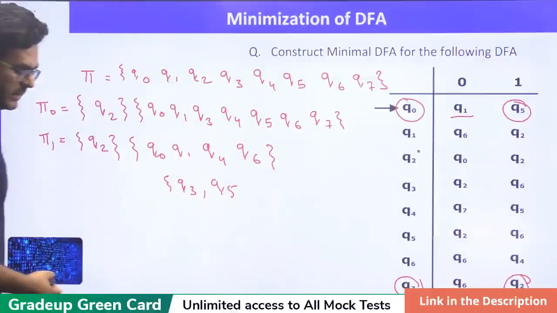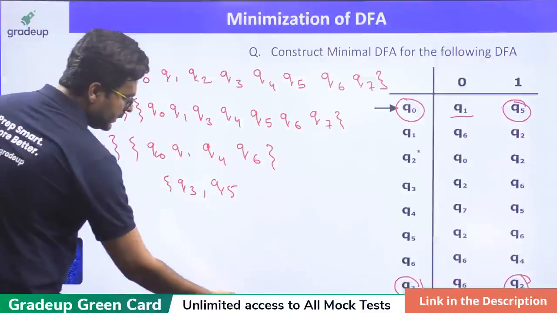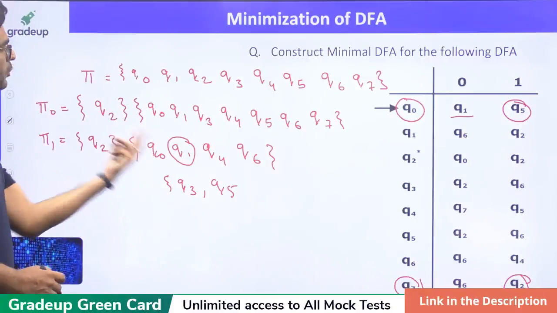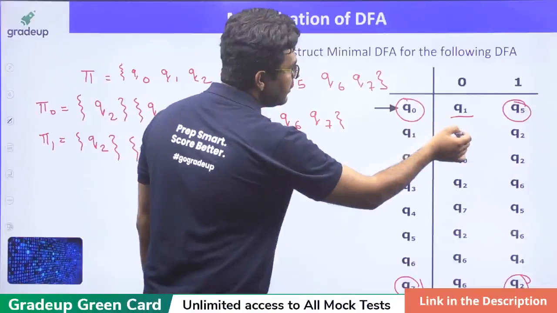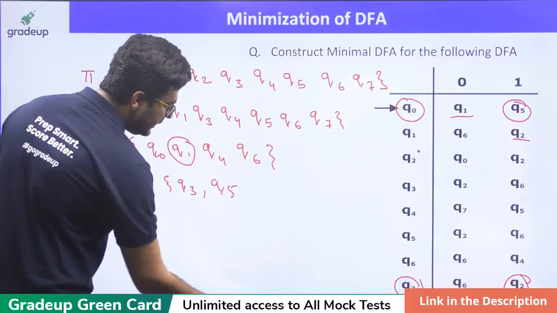Let me check once. Q0, Q4, Q6. Okay, I did something wrong over here. Let's check again for Q0 and Q1. Q1 will go to this state and Q2 is a final state. So we can't keep it over here.